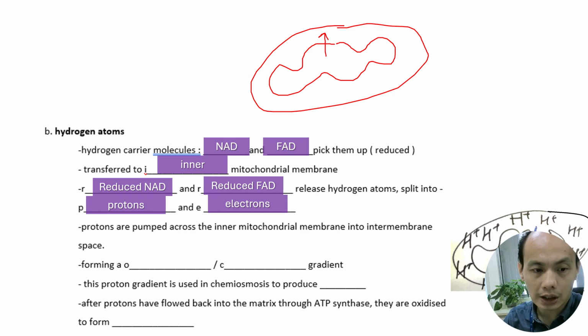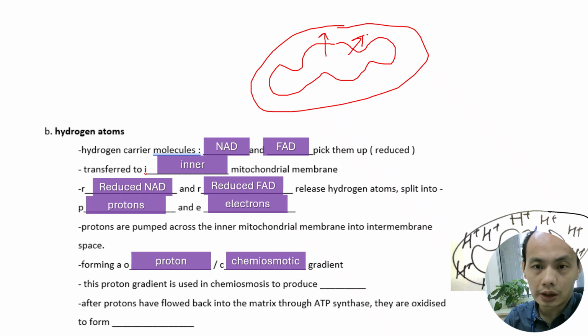We will discuss this further. Protons are pumped across the inner mitochondrial membrane into the intermembrane space, like this, forming a proton and chemiosmotic gradient.